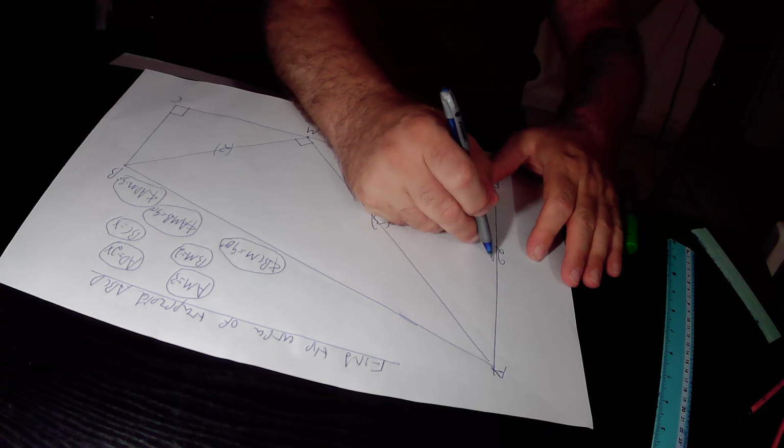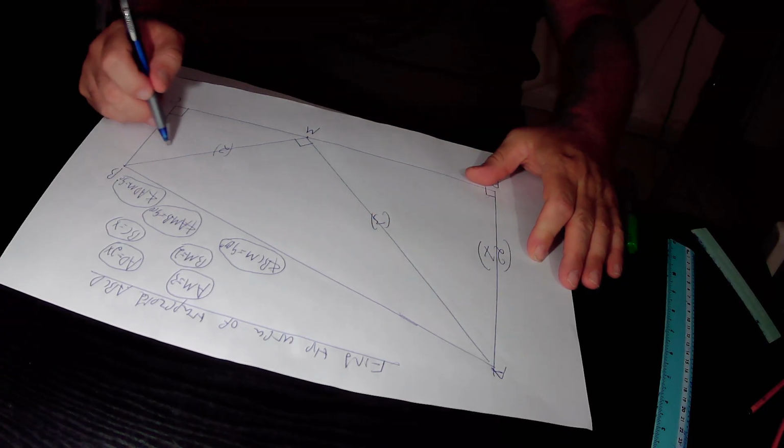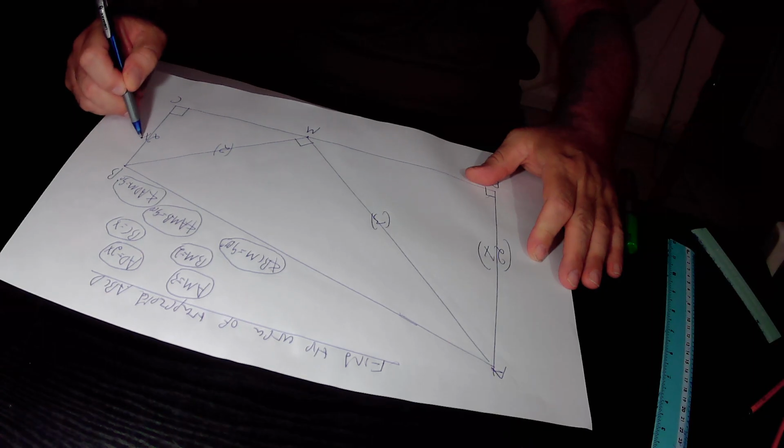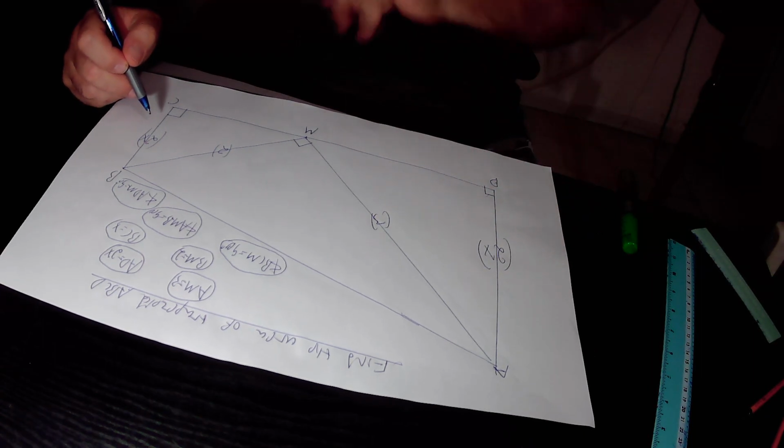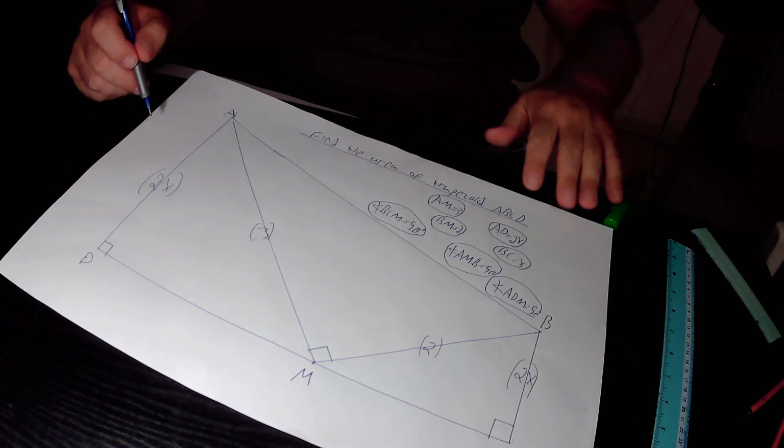So this is the trapezoid that we have to find the area of.